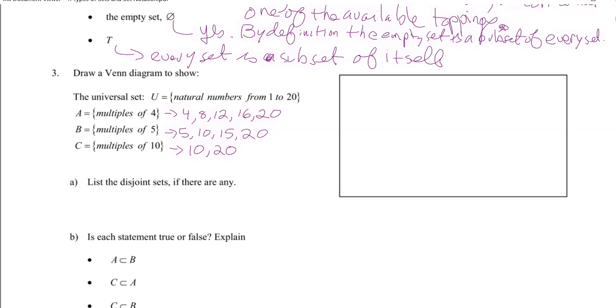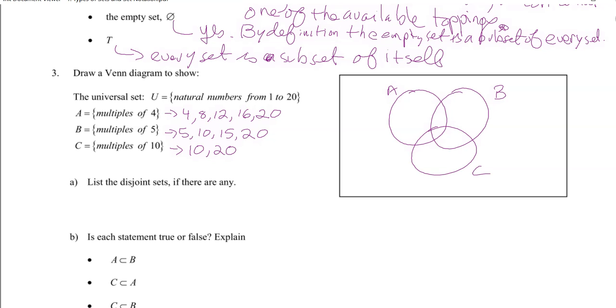So then, should there be any overlap between these sets? Is there a number that belongs to more than one set? Well, we can say, look, 20 is going to be in all 3 sets. So we better draw 3 overlapping circles.